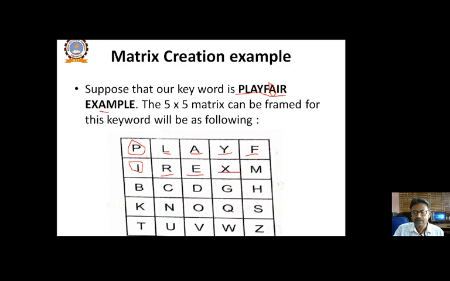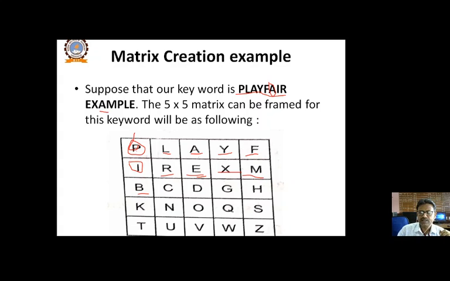Then we come to M, then B. After M, we have P, which we have already filled, so we will not consider it. L we have already filled, E we have already filled. So it means the keyword has been exhausted.